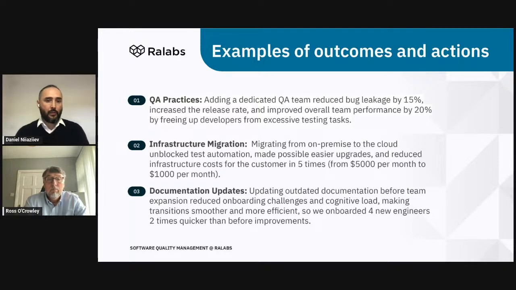Another example, infrastructure migration. From quarter to quarter, we saw that the existing infrastructure had serious gaps. We used on-premise infrastructure, and then we came up with a proposition, and essentially we found out that the client had the same vision, the same intention to move from on-premises to cloud.